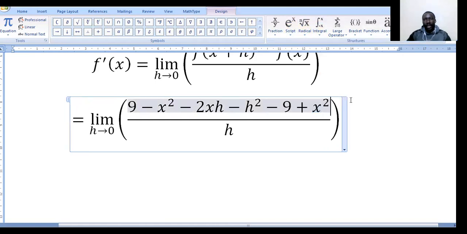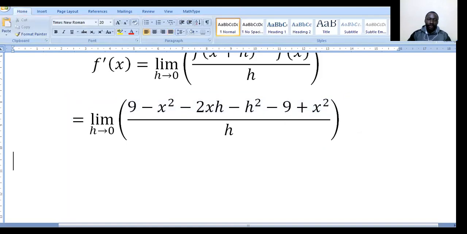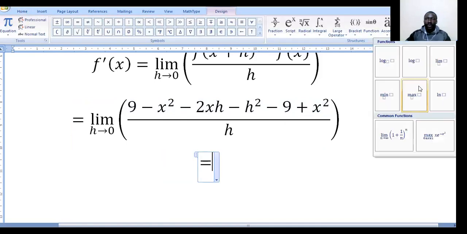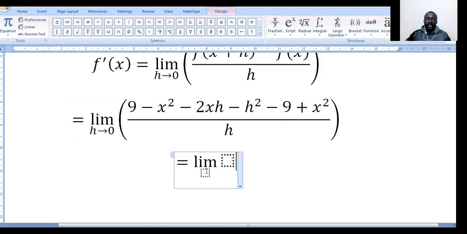Now, from there, the next thing we want to deal with is to simplify what we can simplify. So in the next step, we then have the limit as h approaches 0, or as h tends to 0, of our expression.